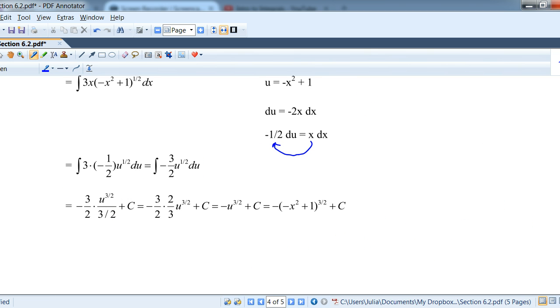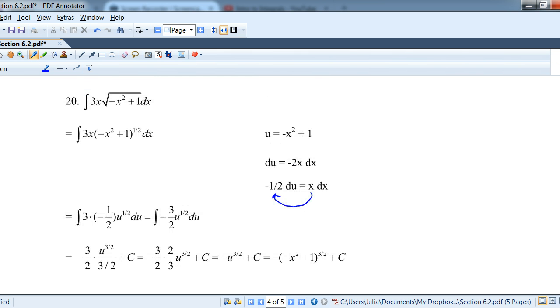And the same thing you could have actually done with a radical. You can also do this. So it's actually 3x divided by the derivative of negative x squared plus 1, which is negative 2x. And then times, and then you integrate. So it's actually negative x squared plus 1. You still have to integrate the 1/2. So it's 3/2 over 3/2 plus c.